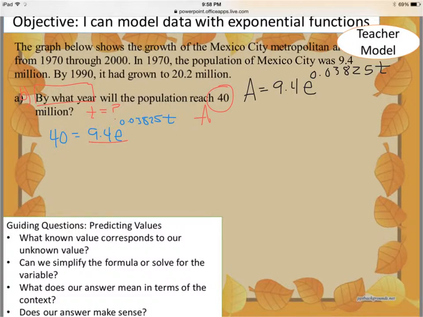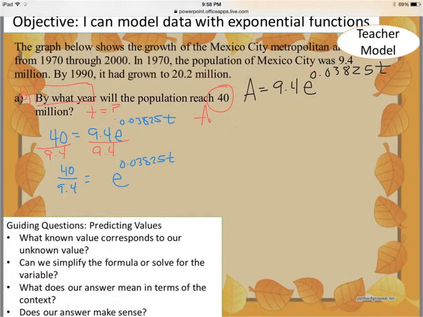So we know how to solve these exponential functions. We start by isolating the base. Right now our base is being multiplied by 9.4, so I'm going to go ahead and divide by 9.4. Okay, so that's going to give us whatever 40 divided by 9.4 is. That's going to be equal to e raised to the 0.03825t.